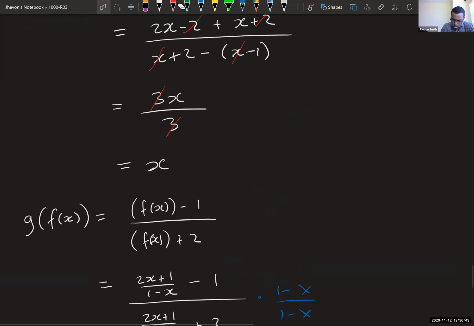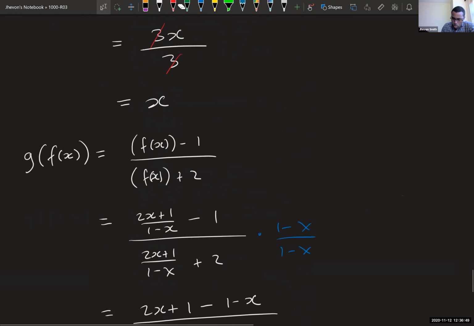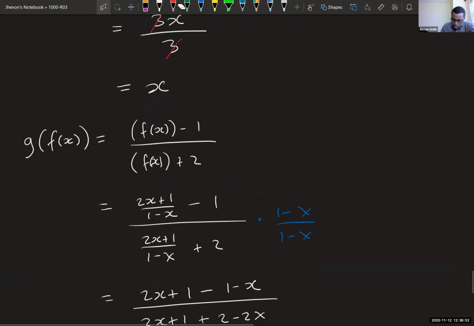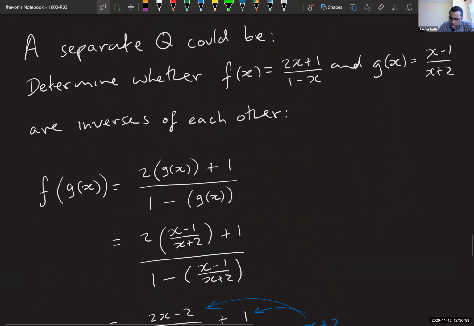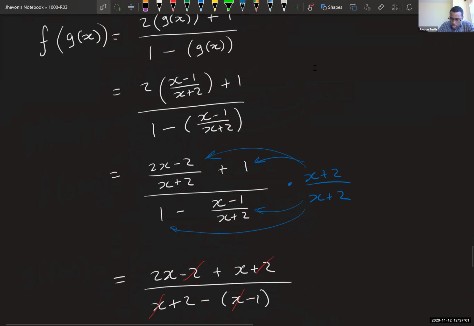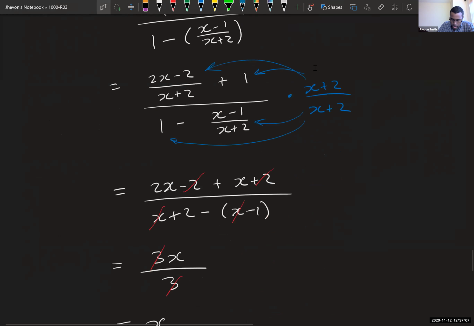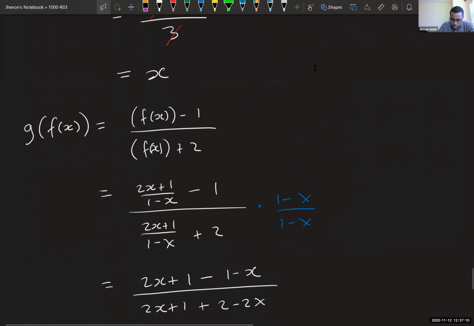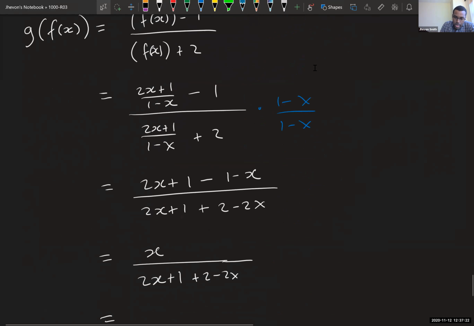There's still something off here, because I should get a 1 in the denominator. Did I copy these down correctly? 2x plus 1 over 1 minus x. Minus 1 on top and a plus 2 on the bottom. Oh, because I messed up the sign before, the sign would actually affect that.